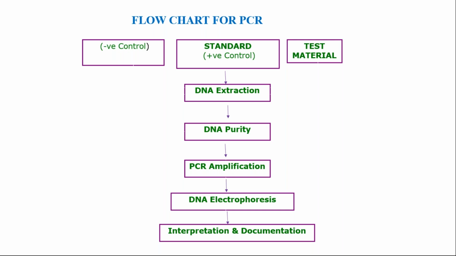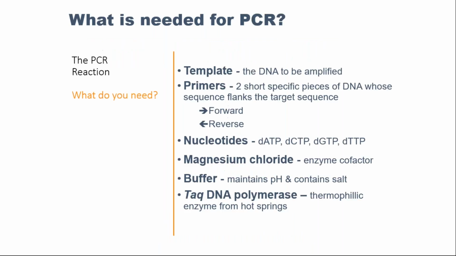So it is a long protocol, starting with the extraction of DNA and purity. Before that, we need to identify the DNA sequence that you want to amplify. That is the unique sequence that you want to use.